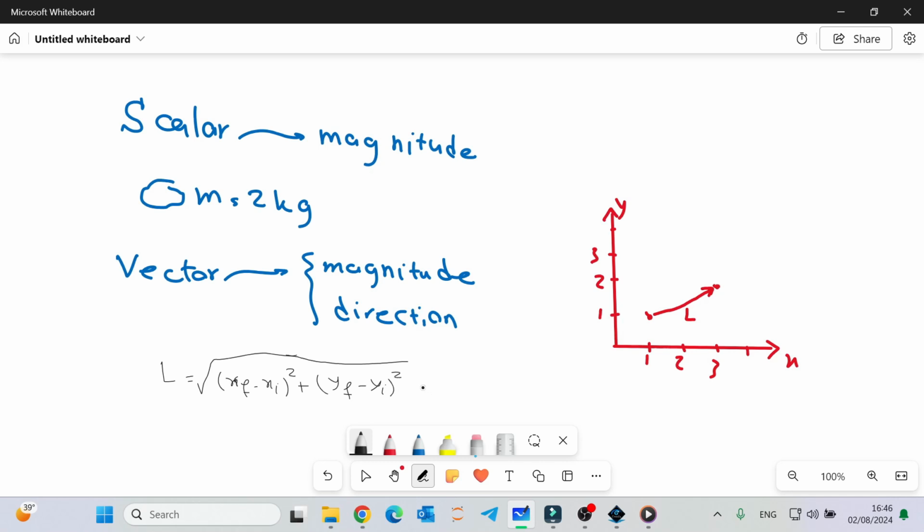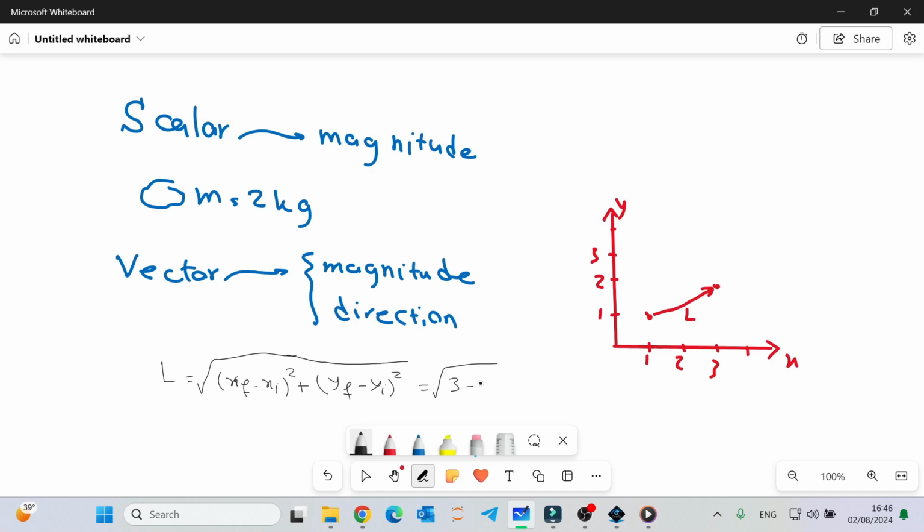Here in this example, xf is 3, as you can see the final point on x direction is 3, minus xi, which is 1, so it is 2.